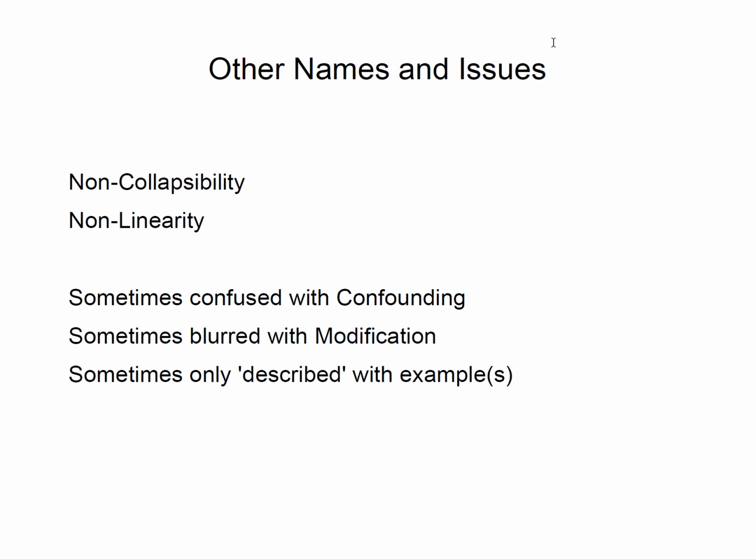So, we don't want to blur attenuation with confounding. This is not confounding. Further, you will see, unfortunately, in some examples in the literature where the stratum-specific odds ratios are not the same, and so we have actually that we're blurring the issue with modification here.